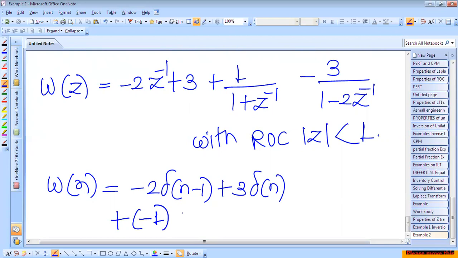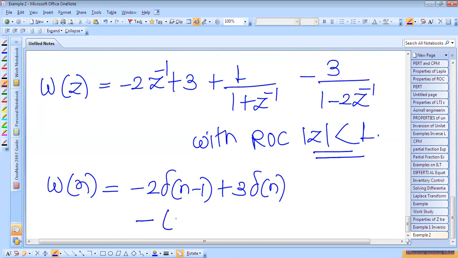Dk here is 1. So this minus sign will appear here, as this ROC is less than this 1.